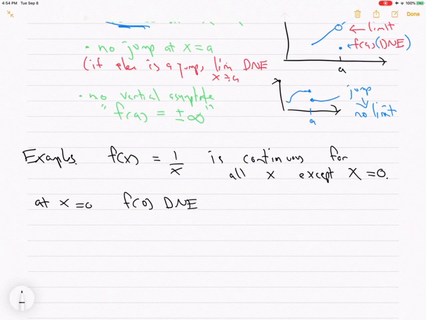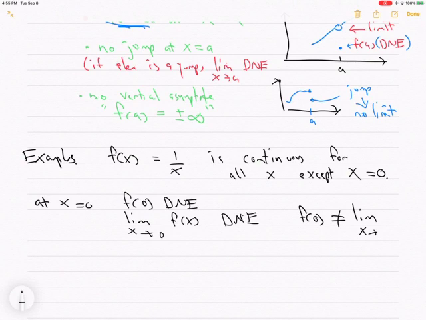And of course, the limit as x approaches 0 of f of x also does not exist. But that doesn't mean they're equal. So the point is, neither exists, so there's no way they can be equal, because you can only compare things that exist. Okay? So it's not continuous.